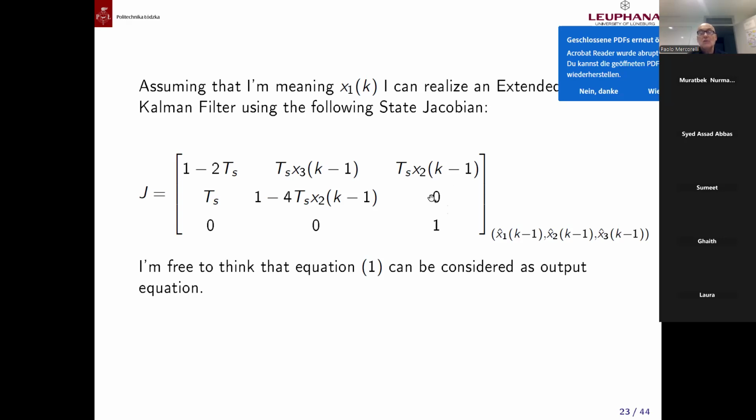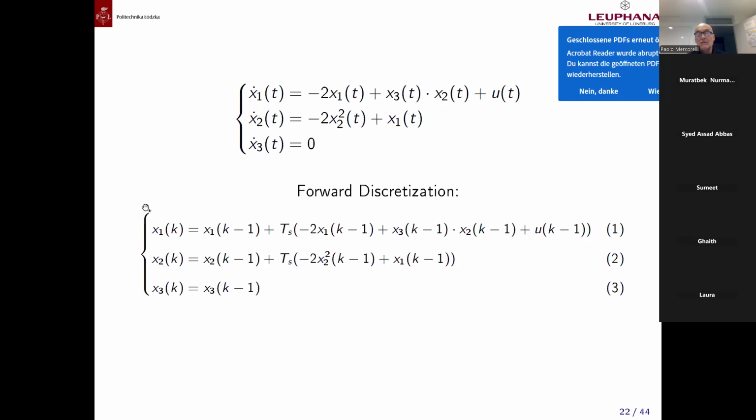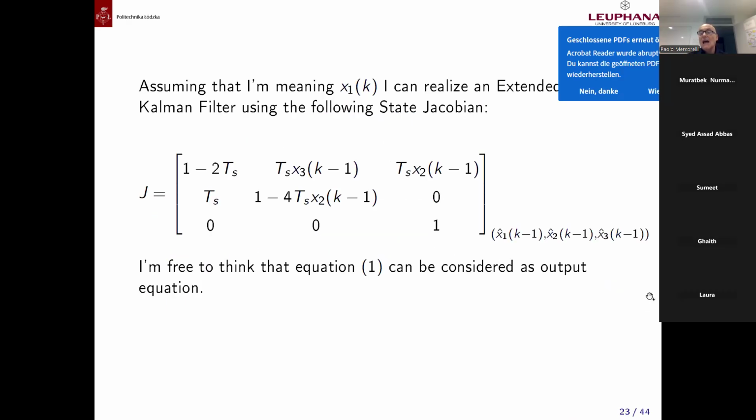Why is there a zero here? Because it's the derivative of x2 of k with respect to x3 of k minus 1, the third variable. We don't have here the influence of x3 of k minus 1. This means zero. Everything, please pay attention, is calculated at the previous corrected state.